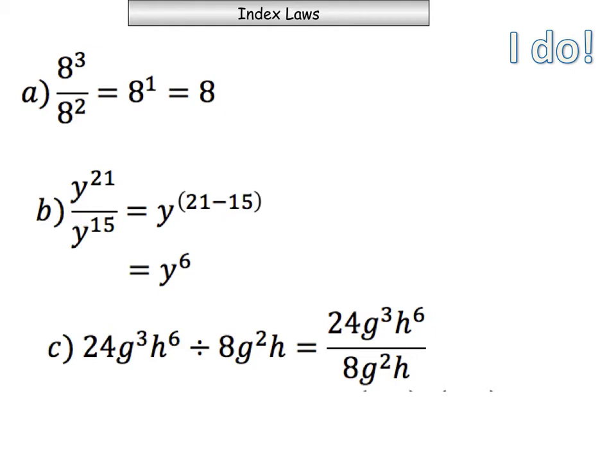Really important that we remember that index laws only apply when we have indices with the same base. Notice here that we've got 24 divided by 8, so you can just do that in the calculator. That will give you 3. We've got g to the power of 3 minus 2, and h to the power of 6 minus 1, and that gives us 3gh to the power of 5.